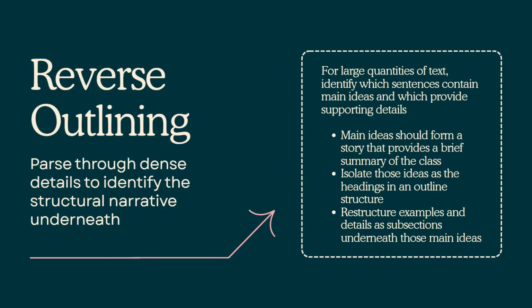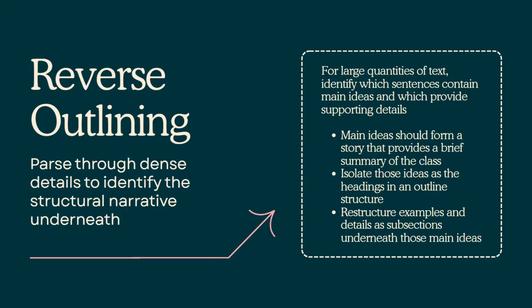A reverse outline is when you look at text that doesn't have that sort of order of operations in terms of what's the main idea and what are the sub ideas, and you create that structure based on how you see the story as being told. With this strategy, you're going to parse through dense details to identify the structural narrative underneath.